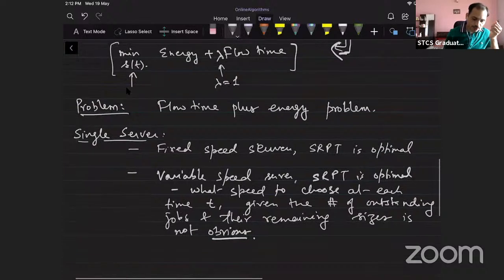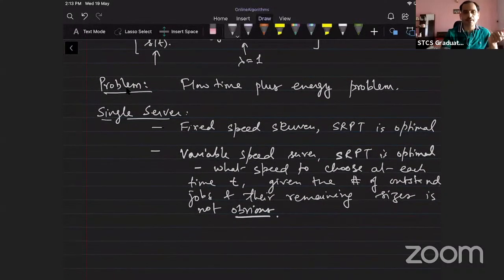So essentially what we are going to do is consider SRPT as the scheduling algorithm and now try to propose a particular speed and show that with that speed we can get some competitive ratio.